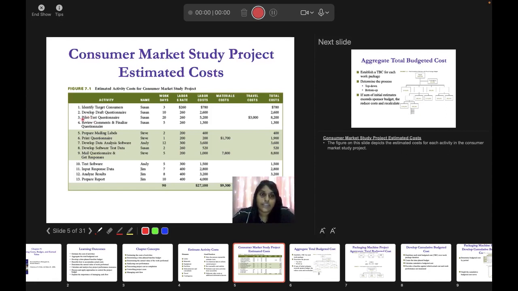So for this activity 3, Susan will be working for 20 days. She is going to identify all the respondents for her questionnaire and it is going to be 260 per day as well. The total labor cost is going to be 5200, right? 20 times 260 is 5200. You don't have material cost here, but you have a travel cost, because Susan is going to travel from one place to another to find her respondents, and she is going to charge you 3000 for all that travel. This can be accumulated from oil and gas, her time, whatever cost is in regard to the travel.